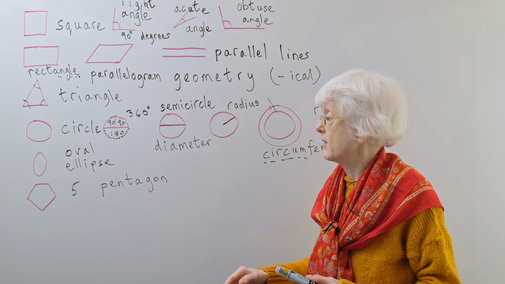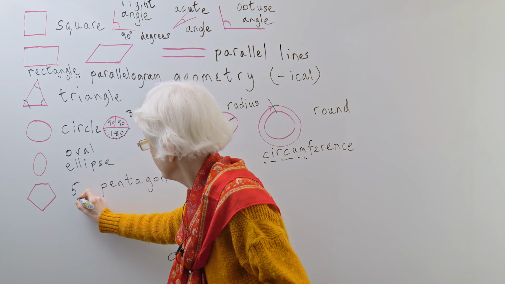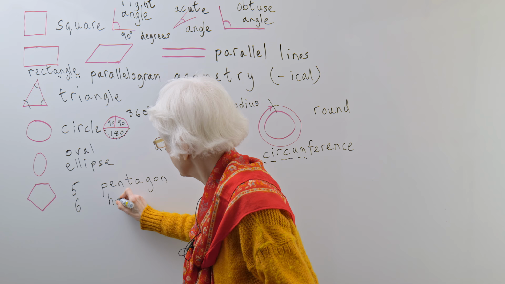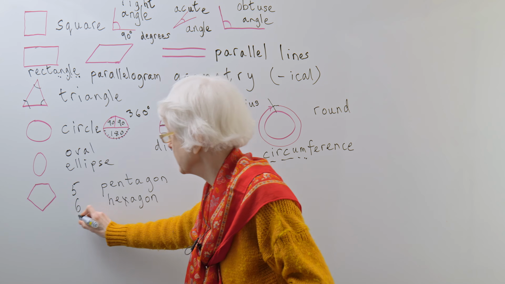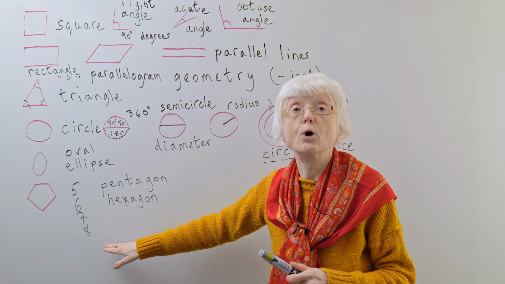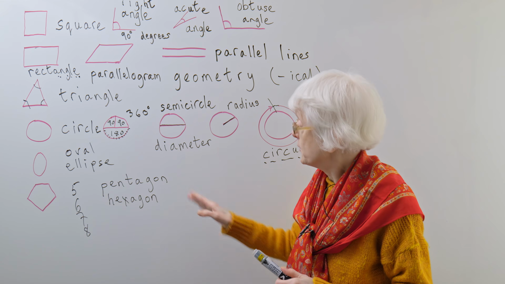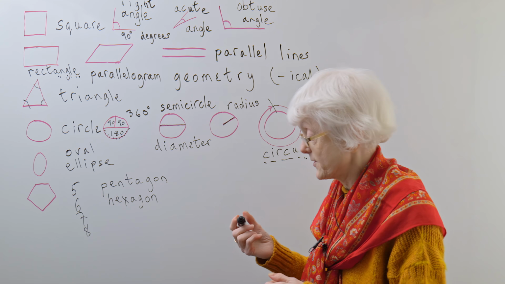So a pentagon. So if it was 6 sides, it would be a hexagon. And then it goes on 7, 8, 9, etc. 8, octagon. And all of these with the extra, many sides.